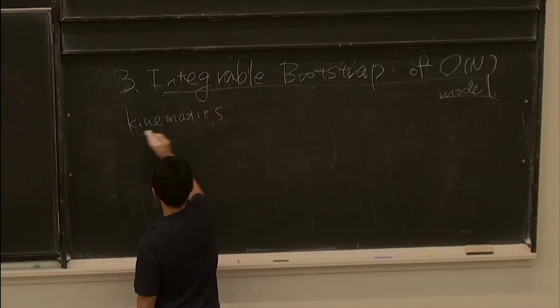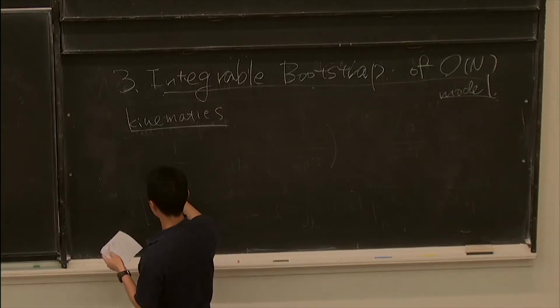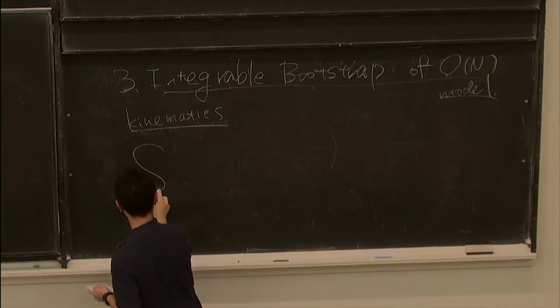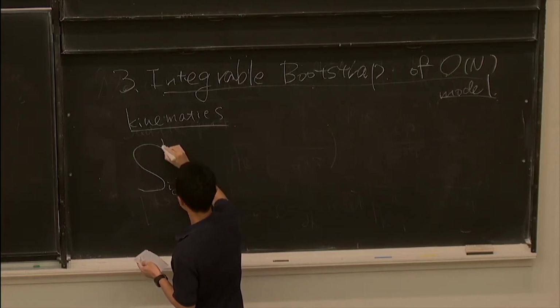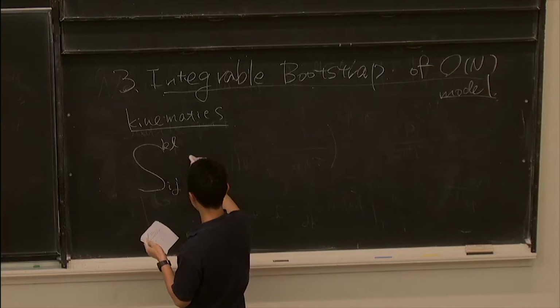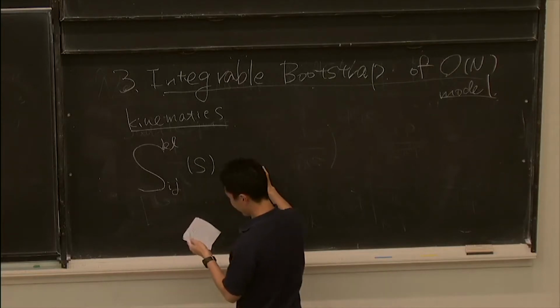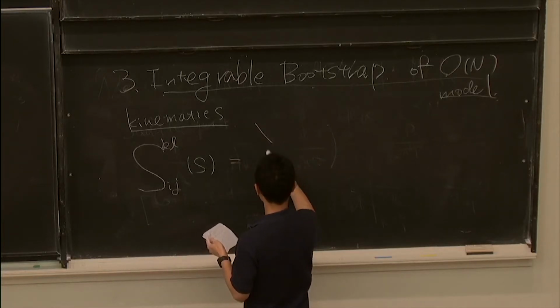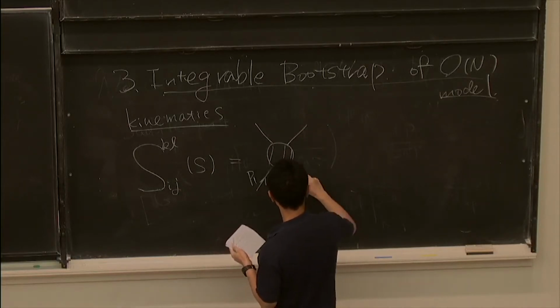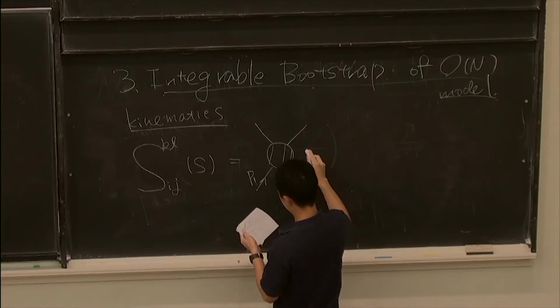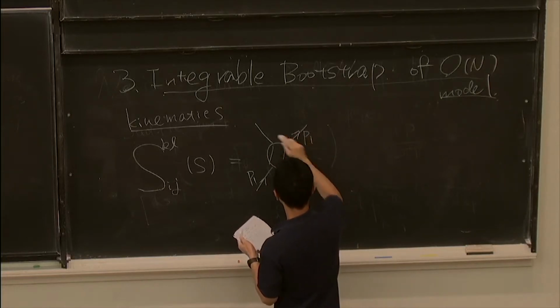What I'm going to discuss is the 2 to 2 S matrix, as I explained. Now we know that there are N different particles, and each carries indices, so we need to keep track of indices. The S matrix that I'm going to talk about is 2 to 2, like this, with P1 and P2 incoming, and P1 and P2 outgoing.